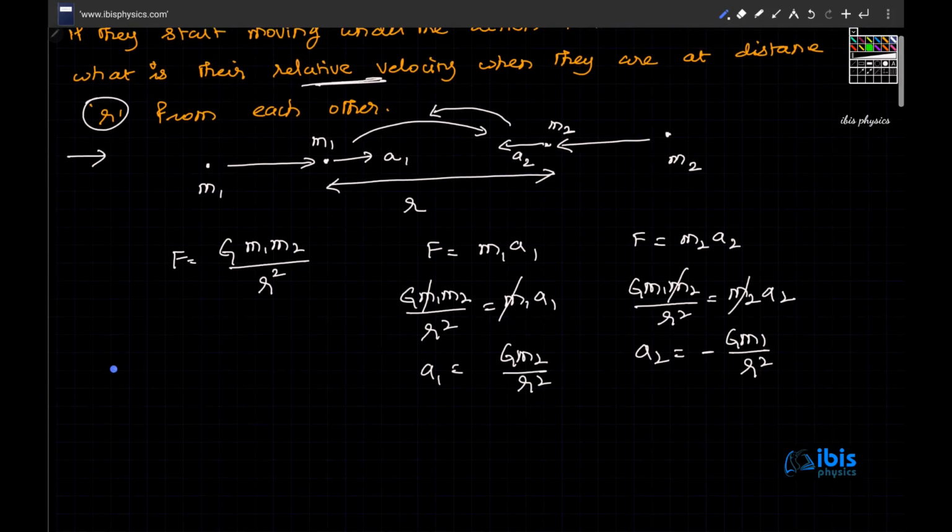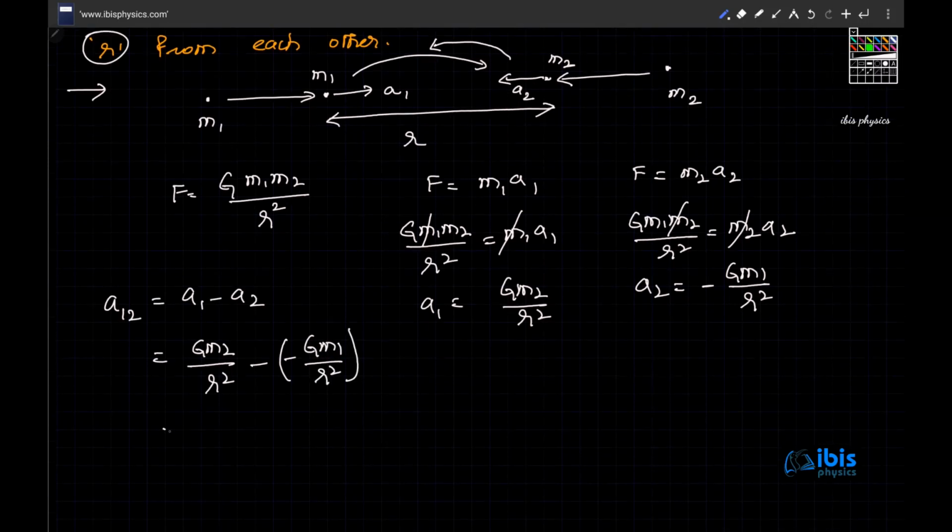Then what is the relative acceleration of 1 with respect to 2? You can find either, acceleration of 1 with respect to 2 or 2 with respect to 1, because we are supposed to find only the relative velocity. For that we are going to find out relative acceleration. So a12 is actually a1 minus a2. a1 is G m2 by r square, minus a2, which is minus of G m1 by r square.